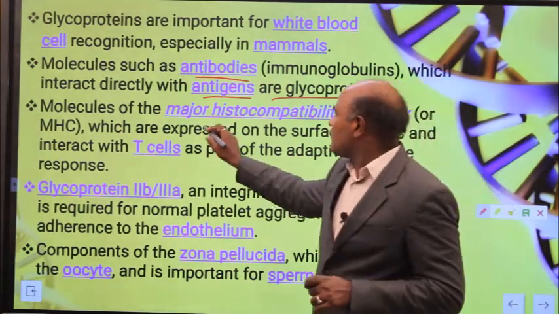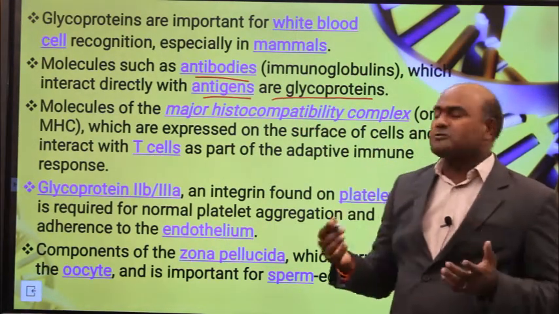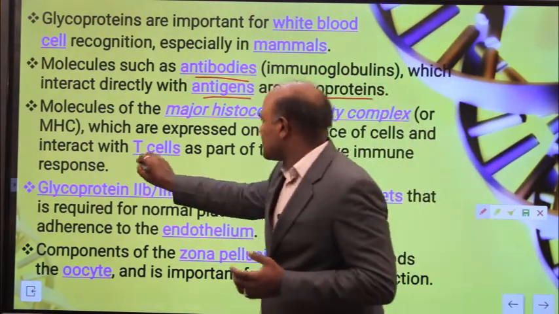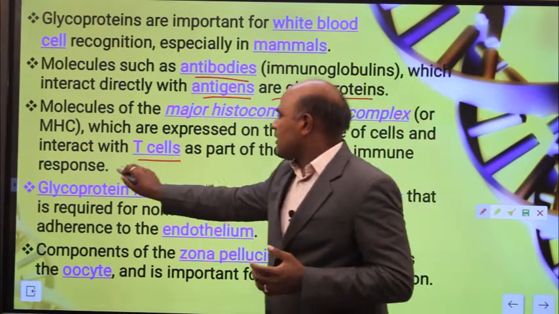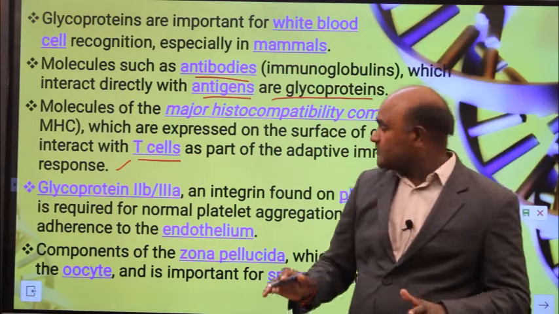Molecules of the major histocompatibility complex, which are expressed on the surface of cells, interact with T cells as part of the adaptive immune response. In this process, glycoproteins are also used.